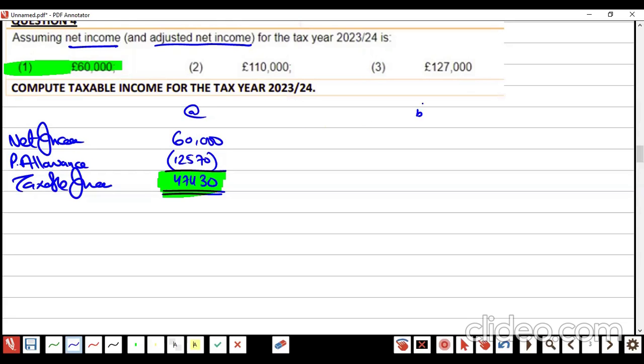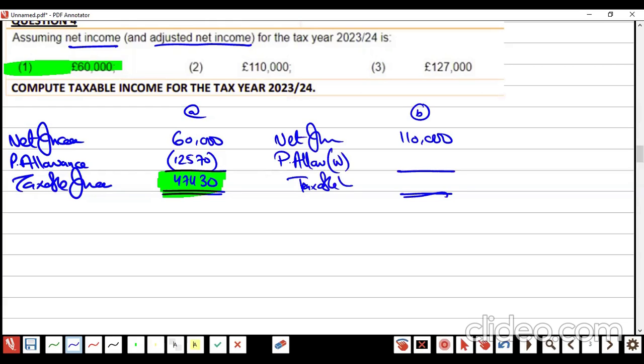Talking about B. Net income 110. After net income, a call from personal allowance: I am here. We will say, please hold on, relax, we will reduce your personal allowance. He's asking why.